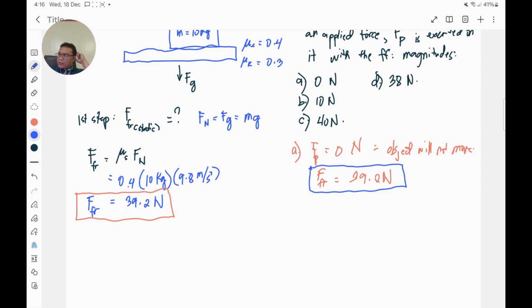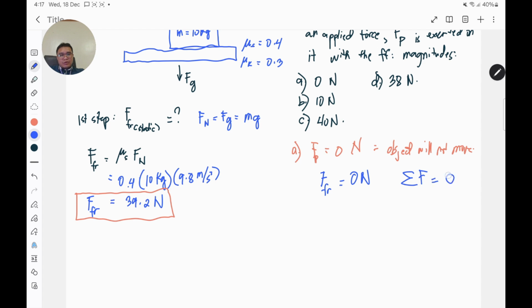Sorry, this is a misconception. If you apply a force of 0 newton, then technically your frictional force there should also be 0 newtons, because according to Newton's second law, the sum of all the forces on an object that is at rest should equal 0.